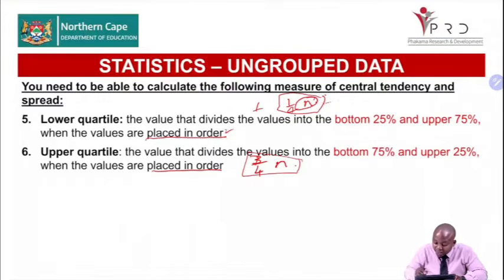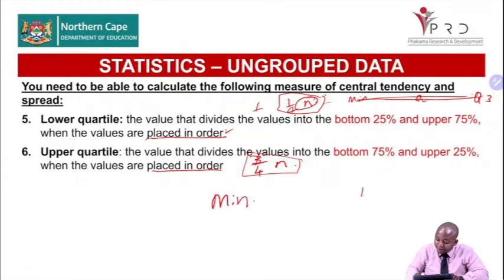So here, let's start again and write it nicely. I have the values: a minimum value, a maximum, and my Q2. So my Q1 is going to be the middle of the minimum and Q2, and my Q3 is going to be the middle of my Q2 and the maximum value.